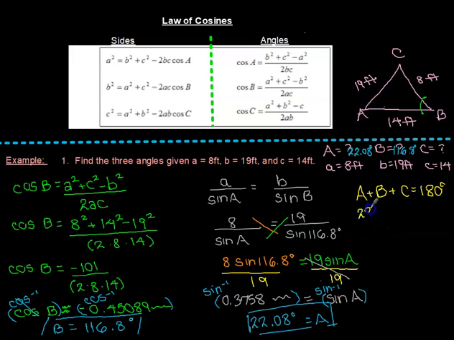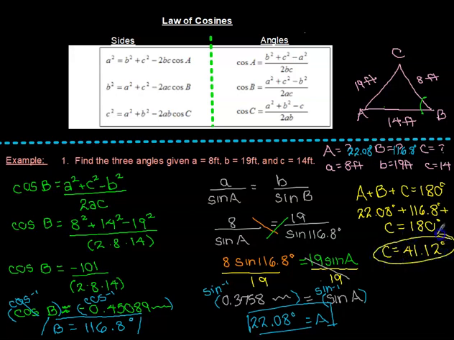So if I write 22.08 degrees plus 116.8 degrees plus, sorry, I'm out of room, C equals 180. I'm going to add up 22.08 and 116.8, get the sum, and then move it to the other side, meaning subtract it from 180 degrees, and angle C should give me 41.12 degrees. All right, guys, I hope this helps.